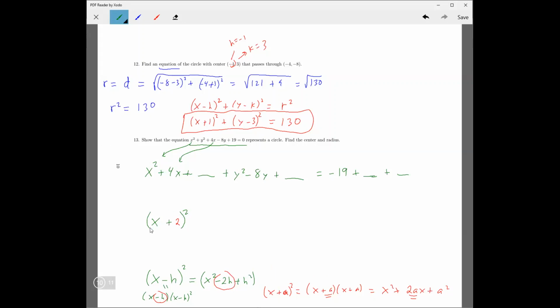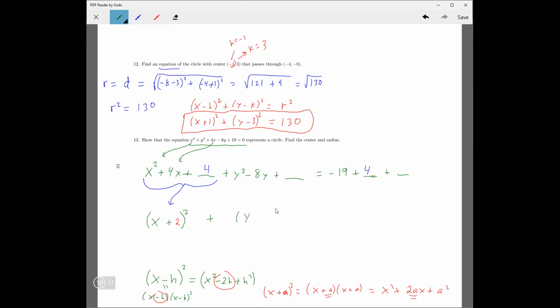Now if I expand this out, I'm going to get x squared plus 4x plus 4. So 4 is the number that I want to add there and here. And then when I do that, all of this becomes that. Perhaps this is not the easiest way to explain it. Maybe it was, who knows? Maybe it was the easiest way.